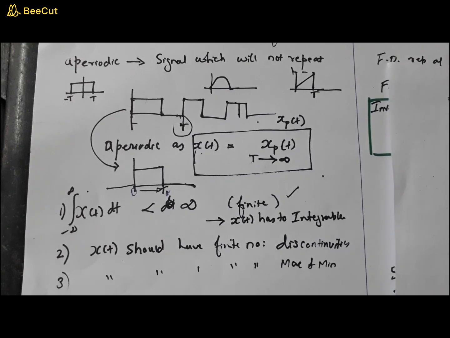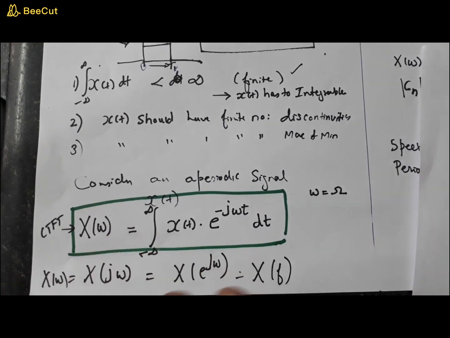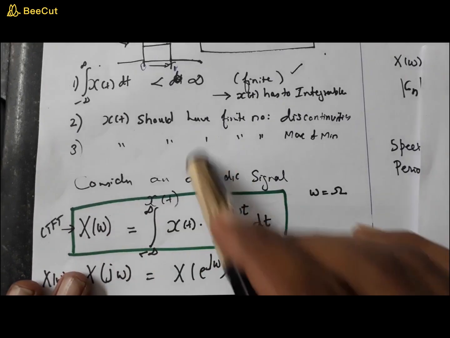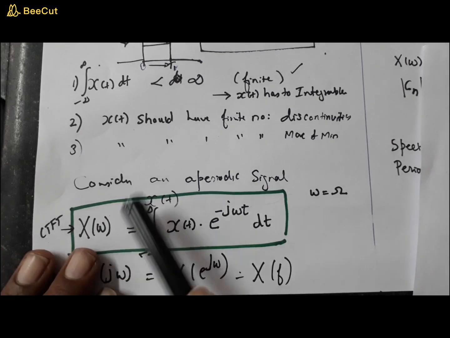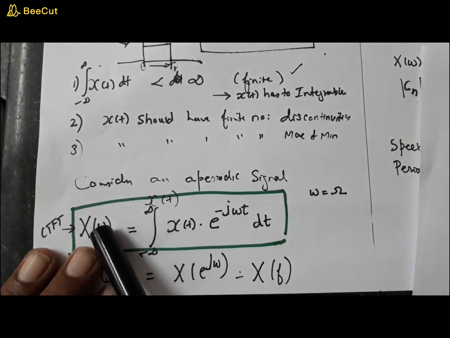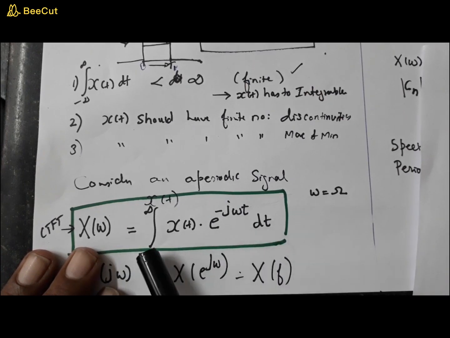Now consider an aperiodic signal x of t. This is actually a transform. Just as we studied in the Laplace transform, which transforms a time domain signal to the frequency domain, this is also a transform that takes a signal in the time domain to the frequency domain.